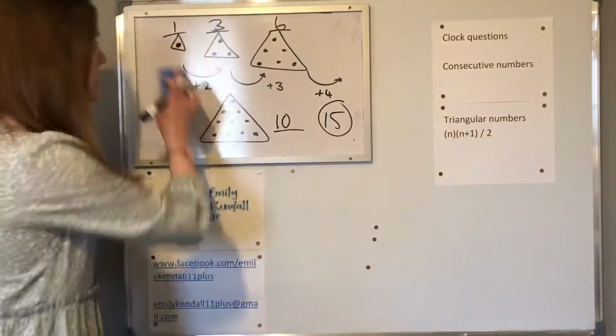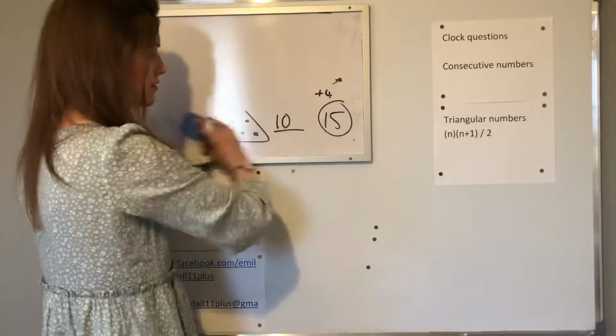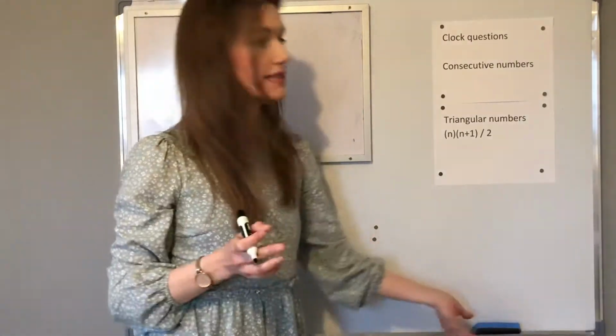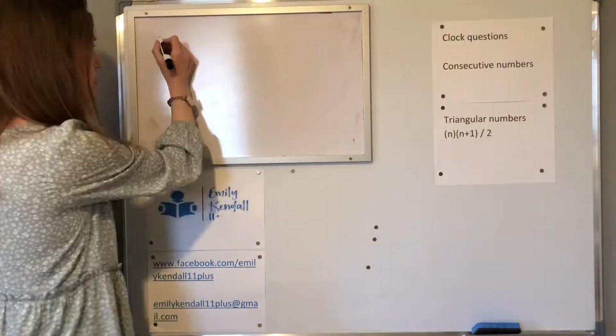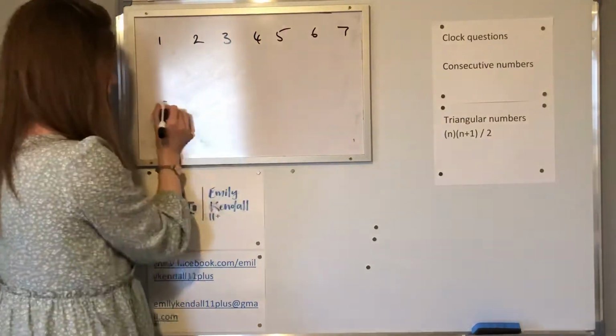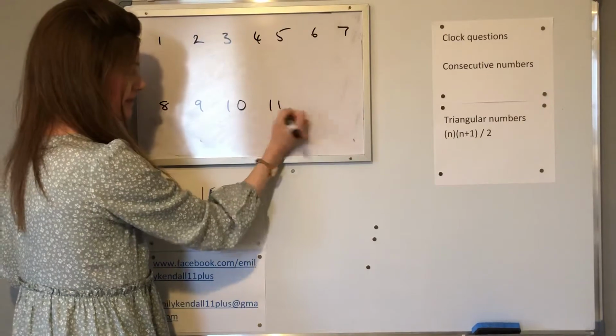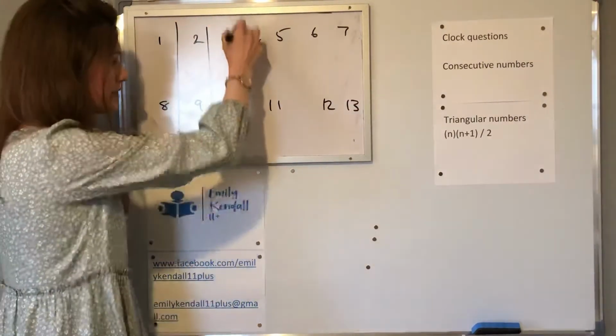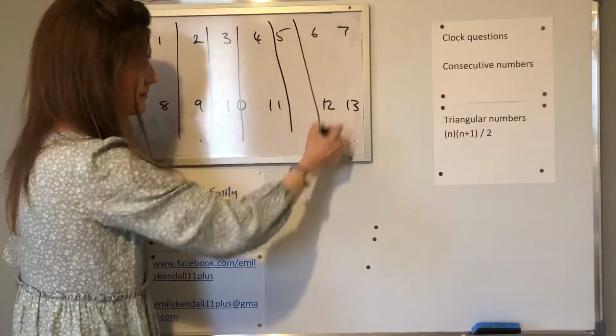Now what I would suggest doing, if they ask you something like what's the 7th triangular number or what's the 13th or something like that, you can quite easily draw a grid out: 1, 2, 3, 4, 5, 6, 7, 8, 9, 10, 11, 12, 13. Okay, and you can write those triangular numbers in.